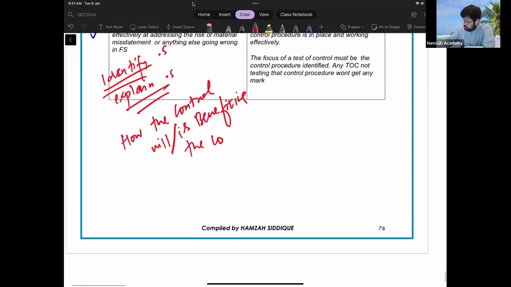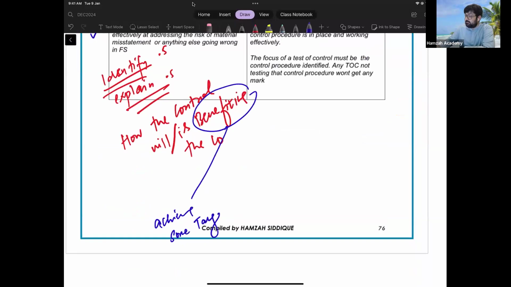Now, benefit can be of two types. Benefit may be achieving some target. Second, avoiding some risk. And sometimes it is achieving both things as well.